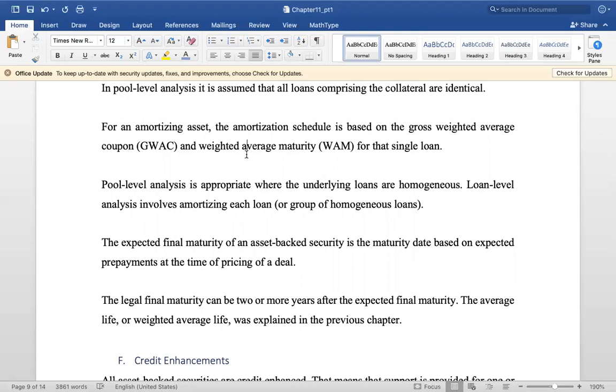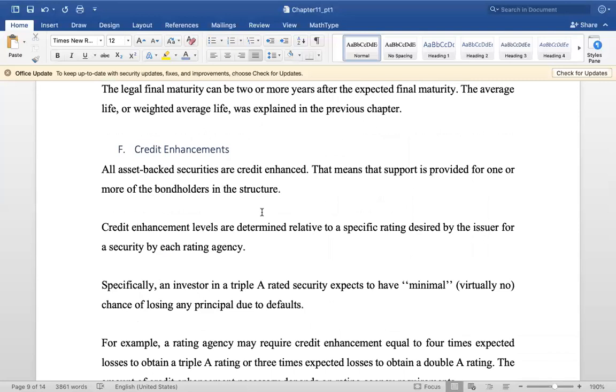As we have already discussed these two concepts in our previous chapter, we are not repeating them. Pool level analysis is appropriate where the underlying loans are homogeneous, and otherwise you have to do loan level analysis.